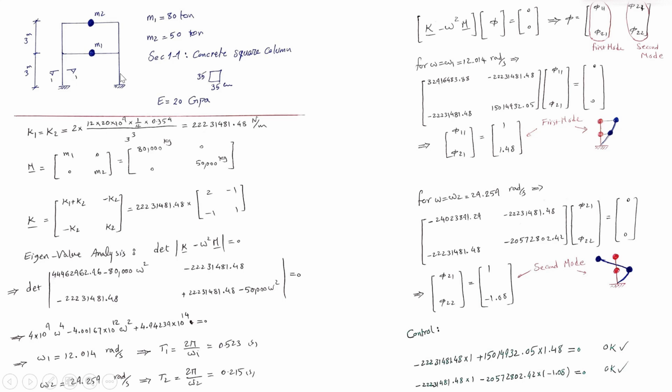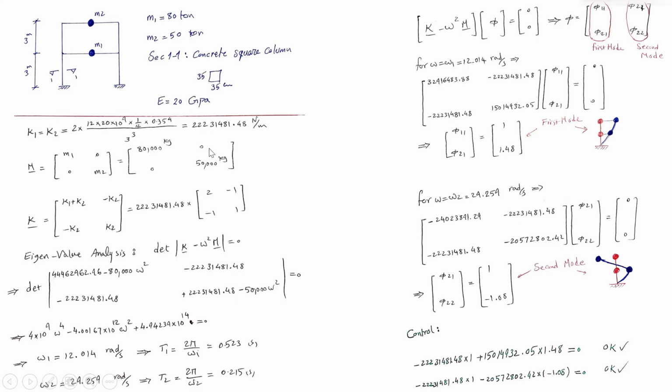And because we have 2 columns in each story, it should be multiplied by 2, and the whole term, which is this one in terms of Newton per meter, is the stiffness for the first story, which is equal to the second story because everything is similar in both stories.